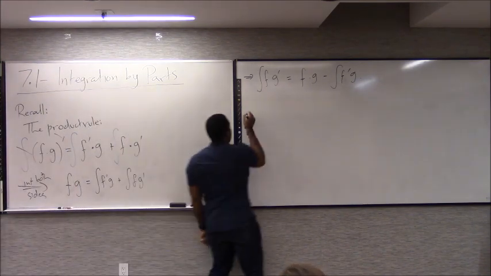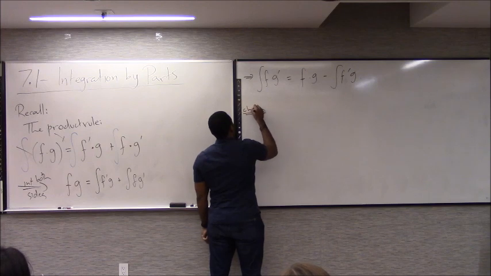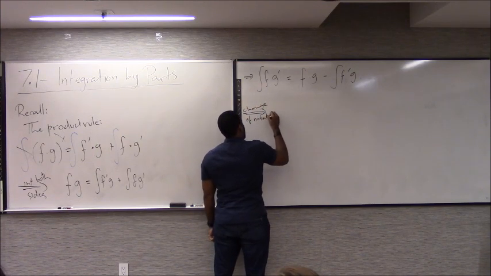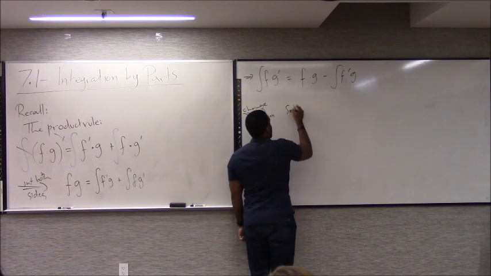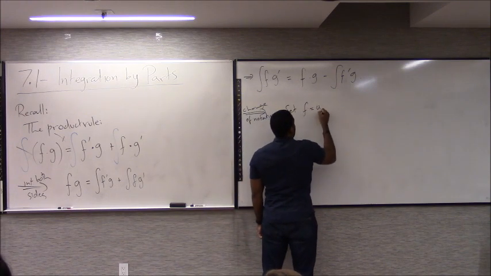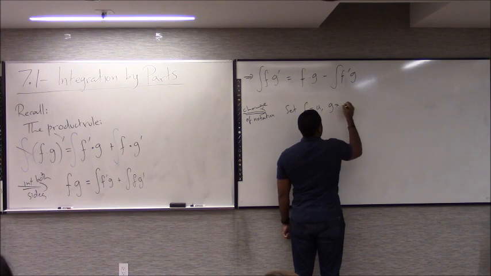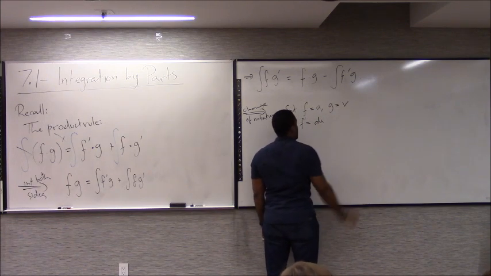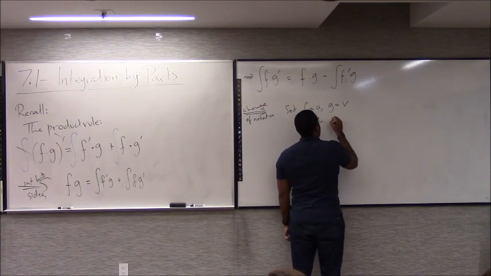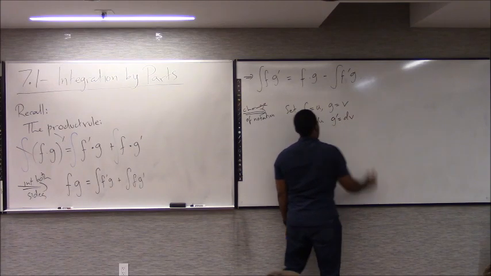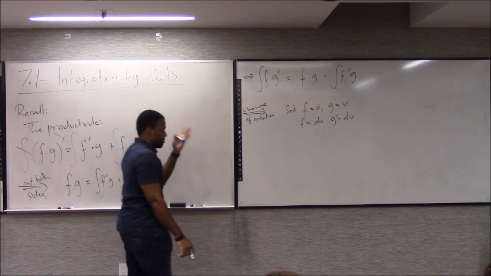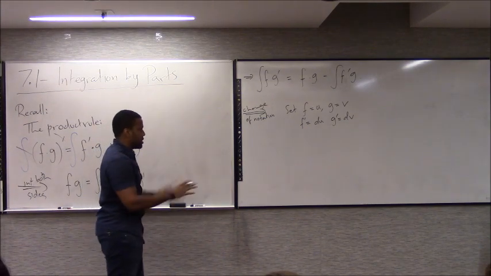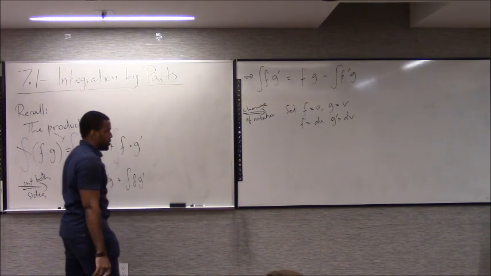Now there's a common change of notation here. If we set f equals u, we set g equals v, so your f prime we can think of as du, and your g prime we can think of as the derivative of v. Right, I'm mixing the Leibniz notation and the Newton's prime notation here.